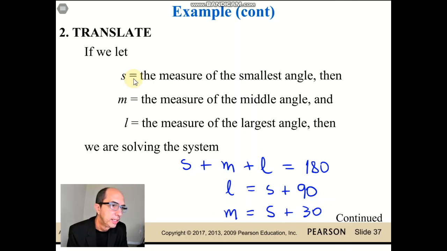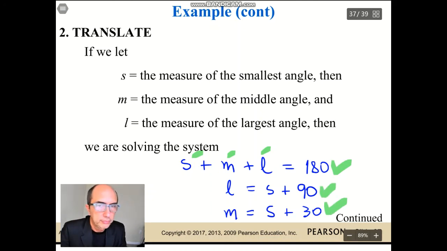And we have here a system with 1, 2, 3 variables, right? And we have 1, 2, 3 equations. Let's solve the system and try to figure out the values of the angles.